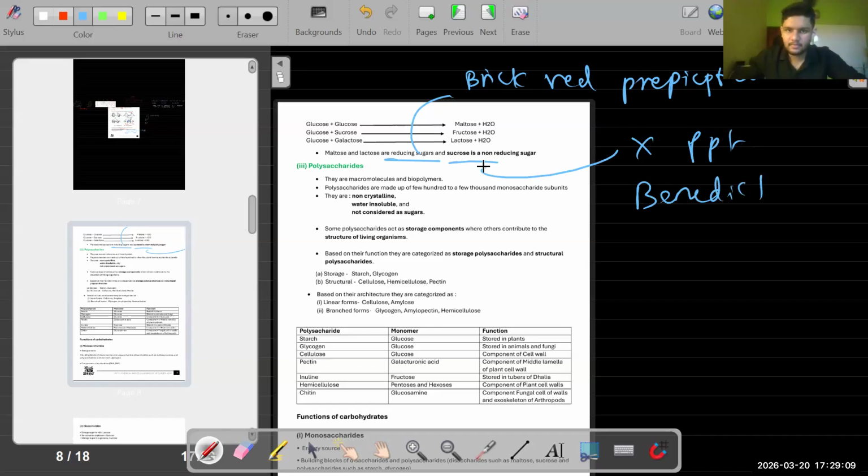When we add sucrose into a Benedict solution, no brick red precipitate is formed, but maltose and lactose show brick red precipitation. Is that last point clear?